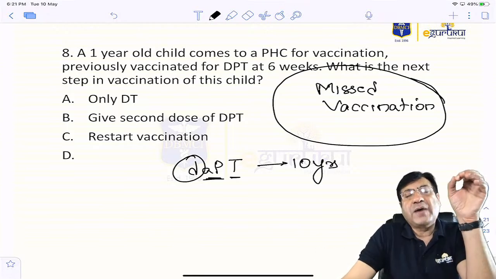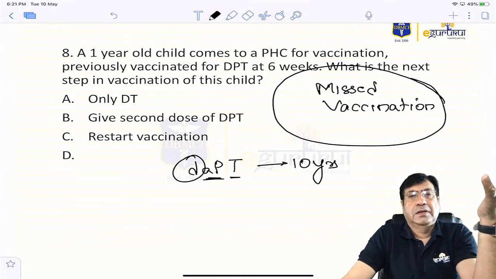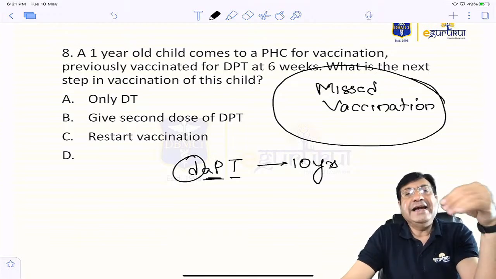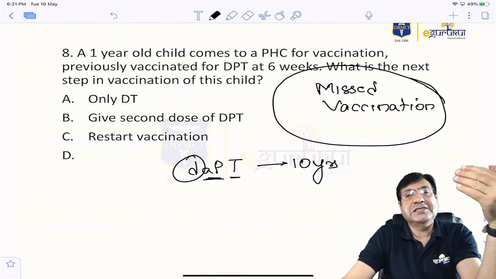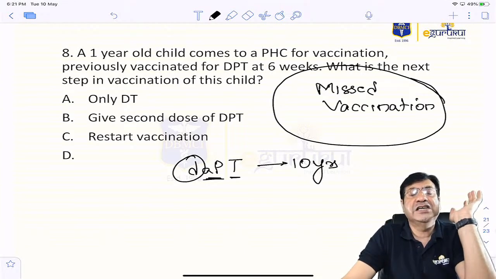Now, most of these vaccines induce an immunological memory. Because they induce an immune memory, once the antibody response starts after a vaccine has been given, an immune memory is initiated. And because of that immune memory, it's never recommended to restart any vaccination schedule again.